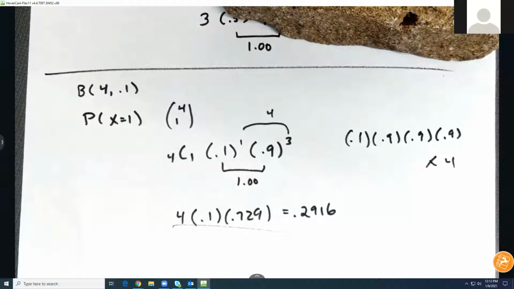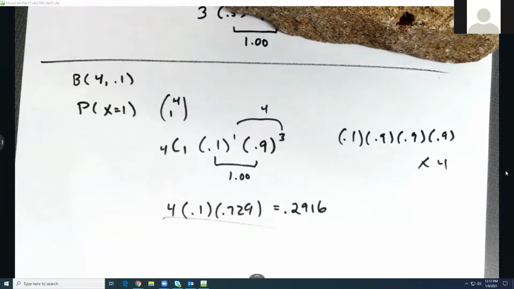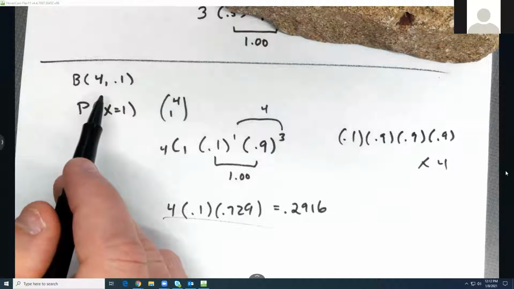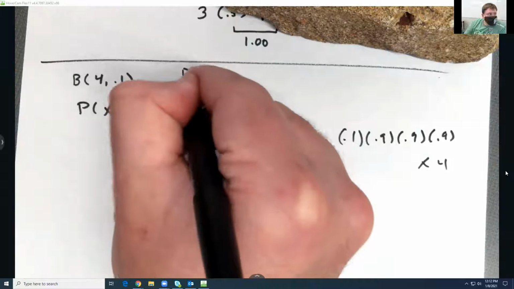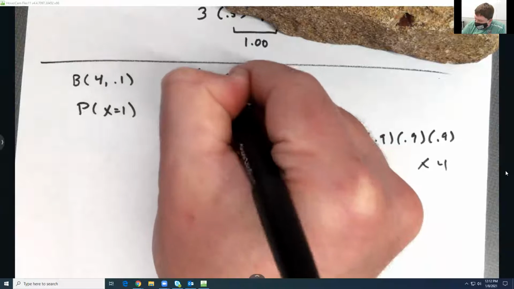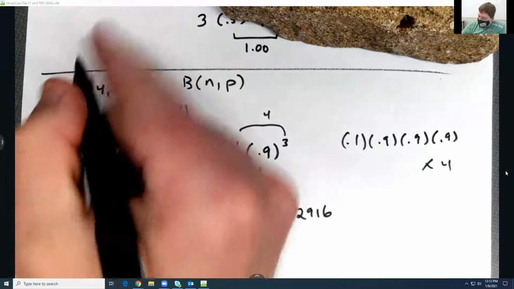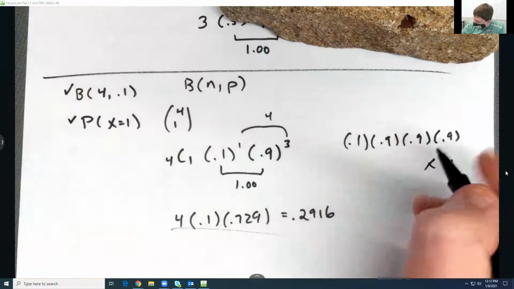All right. Mr. G. Yeah, what's up, man? So the part that has the B and then the parentheses, it's N and P, right? Yes, sir. So it's always B, parentheses, whatever your trials are, and then your percentage. For full credit, you need this, and you need your answer.